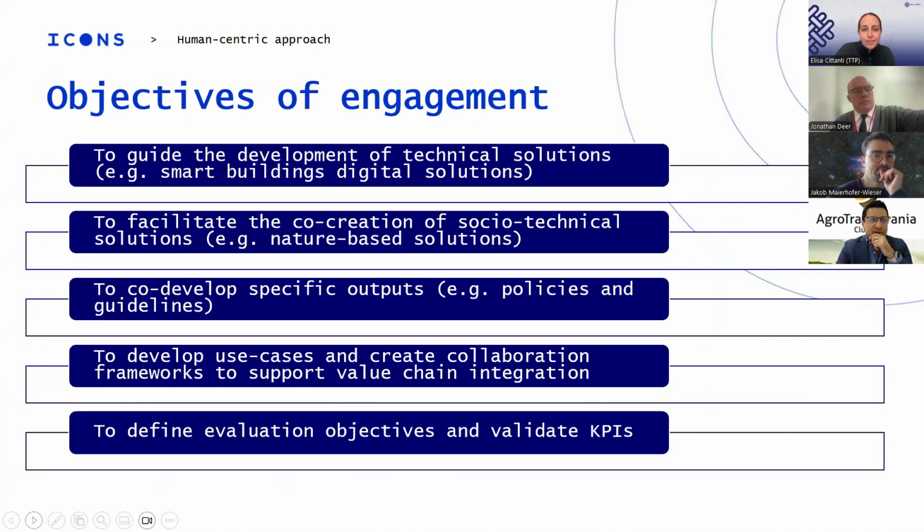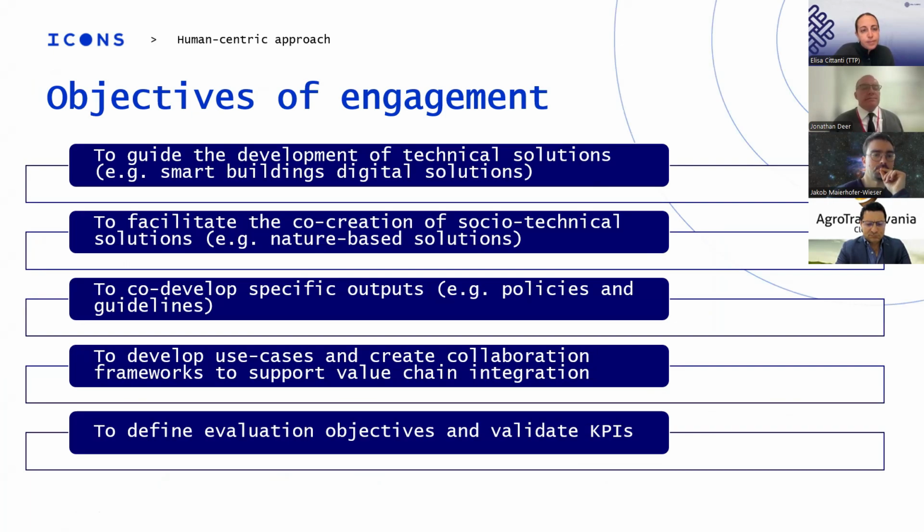To be a bit more practical, and I will be very short here, just to give you hands-on examples of what we mean by objectives of engagement, because otherwise it's too theoretical an approach. So the objectives of engagement can be very different. It can be that we are involved in guiding the development of technical solutions.